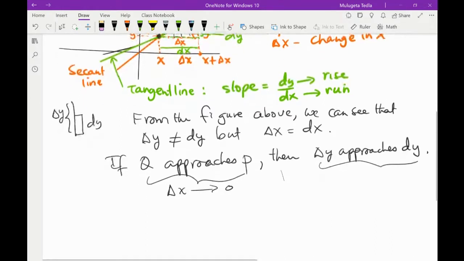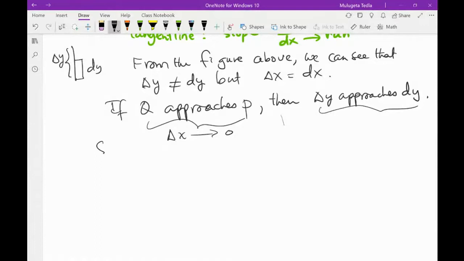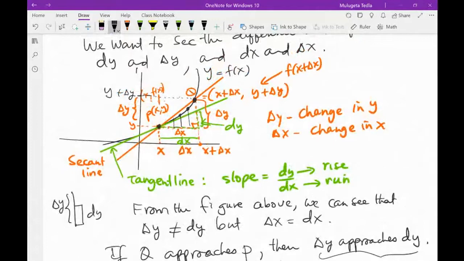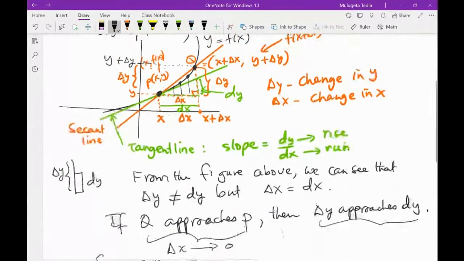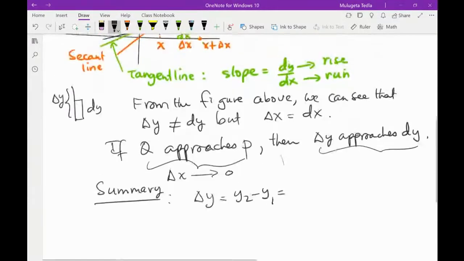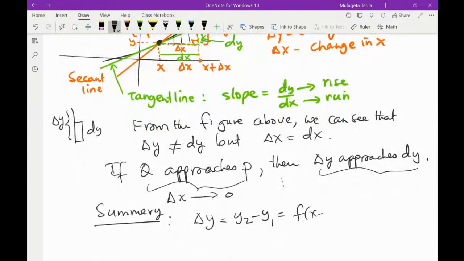Okay. Anyway, I just want to summarize. I want to make sure you understand this. This is very non-calculus or pre-calculus stuff. The delta y, what we're saying is the value of the function at this point minus the value of the y at this point. So it is y2 minus y1. y2 is f of x plus delta x, so f of x plus delta x minus f of x.